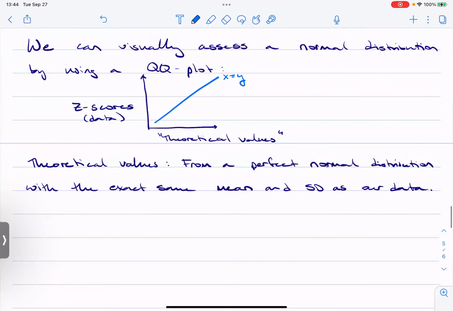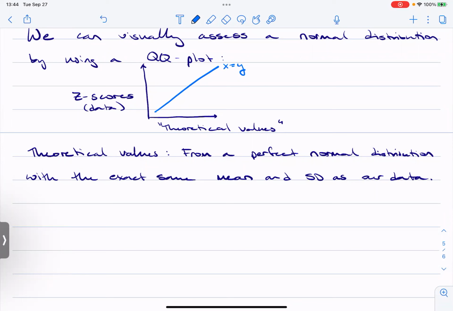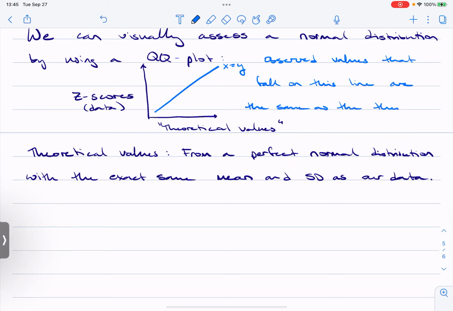And so here, I'm going to try to write this: observed values that fall on this line are the same as the theoretical values, which means they follow a normal distribution.